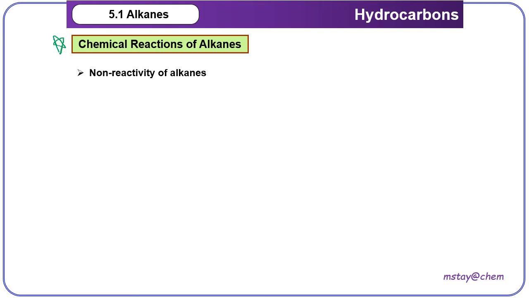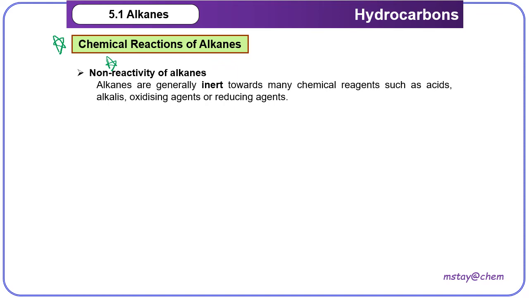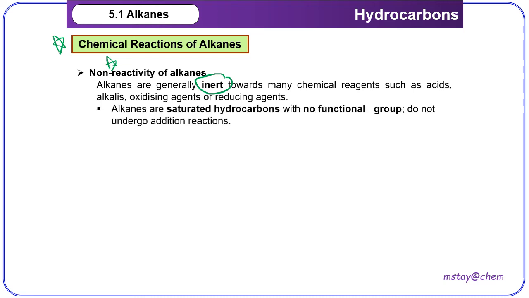Generally, we can say that alkane is a very unreactive compound. So that's why we can say that they are inert towards many chemical reagents. Why does this happen? Because alkane is a saturated hydrocarbon where there is no functional group.